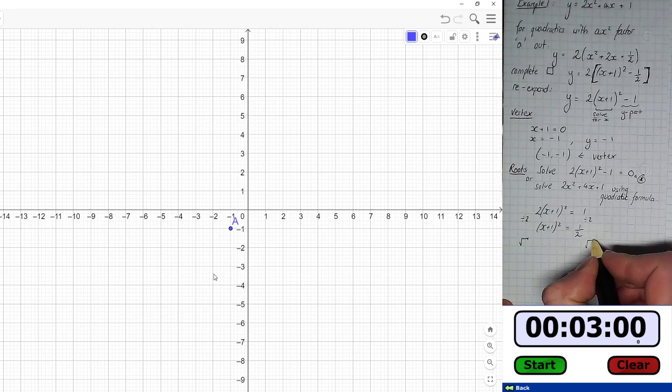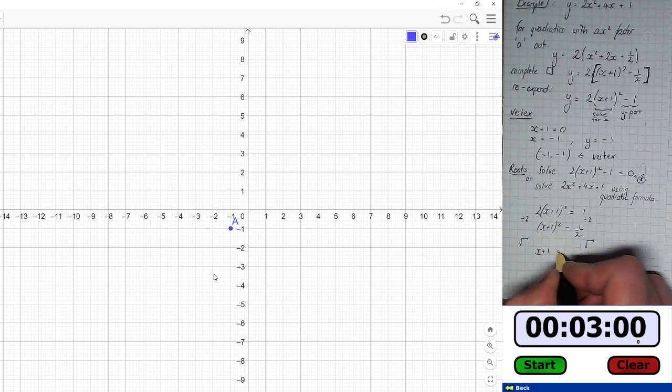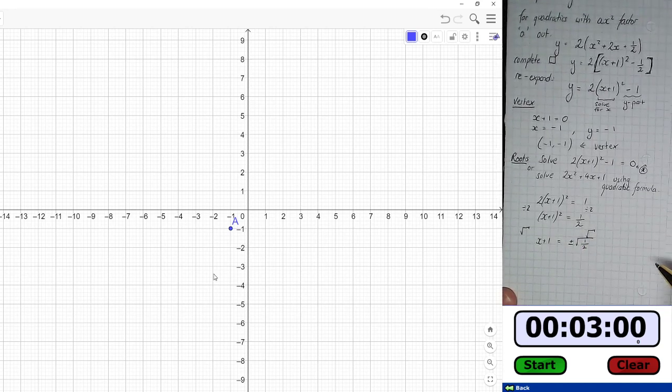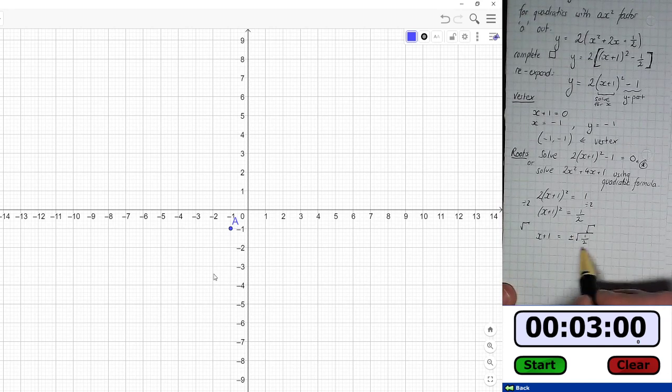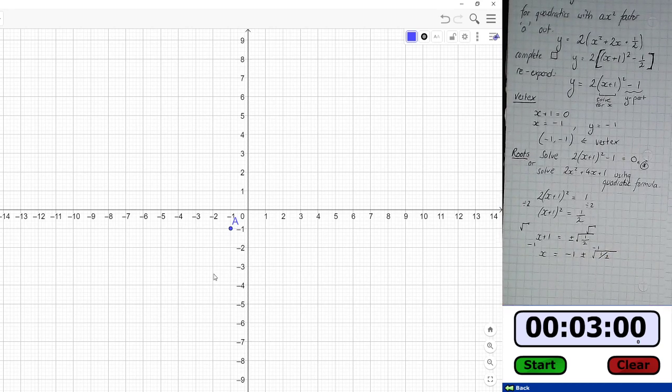Now I can square root. And remember that when you take a square root, you get a positive and negative answer. That's why we get the 2 answers. And then I'm going to take away 1. So I'm going to get -1 plus or minus the square root of 1/2.